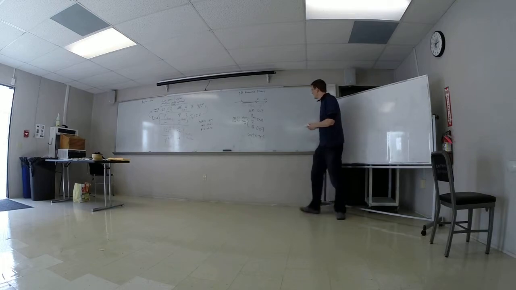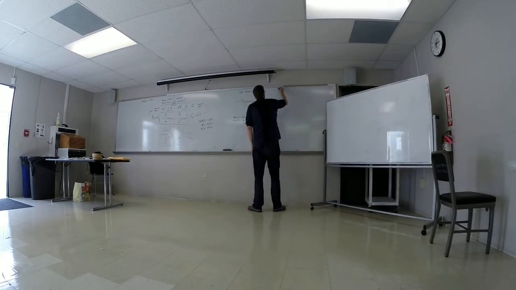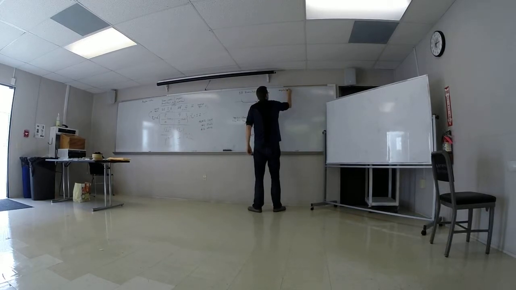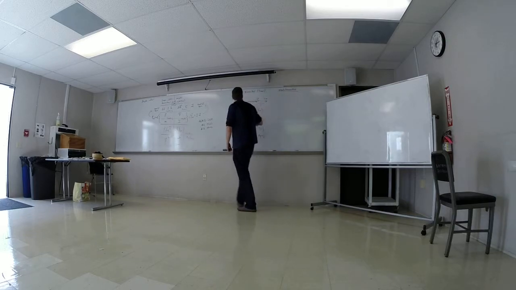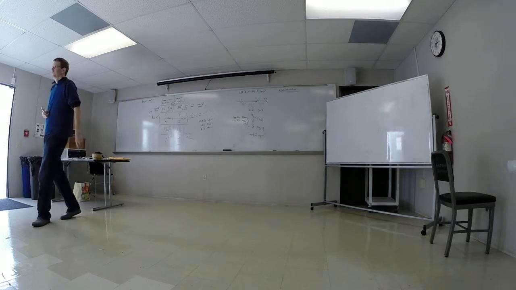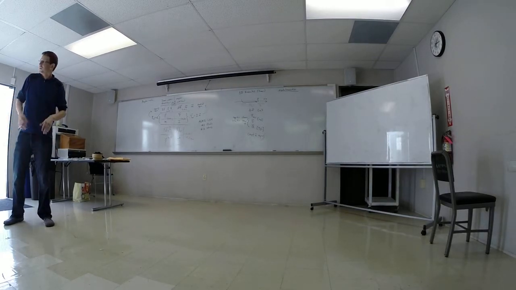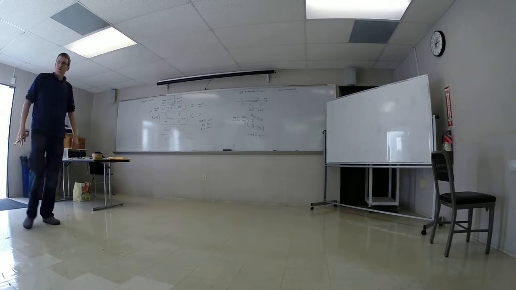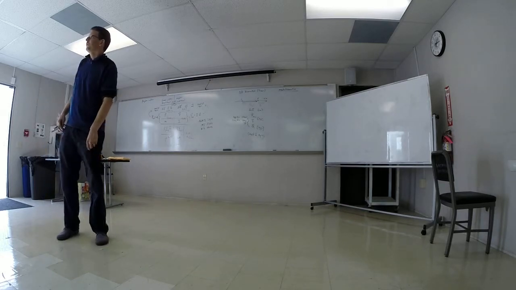So let's go ahead and now write down angular kinematics. We're going in a circle. You might think this is much more complicated, but a circle is a highly constrained motion.